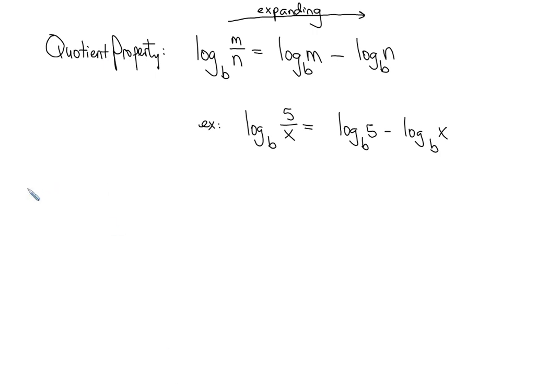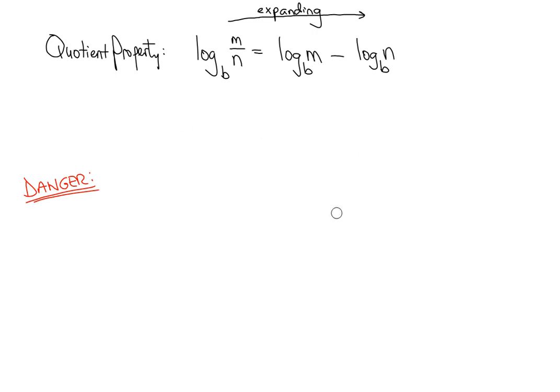Now, what do you have to watch out for? I want you guys to study these danger ones, because I'm telling you exactly the mistakes that those of you that bomb the test are going to make. So if you study what not to do, you guys should be fine. One of the danger ones is people, again, don't memorize the property. They just go, oh, I know division and subtraction go together, and 1 log and 2 logs.